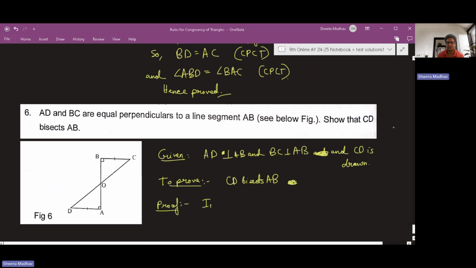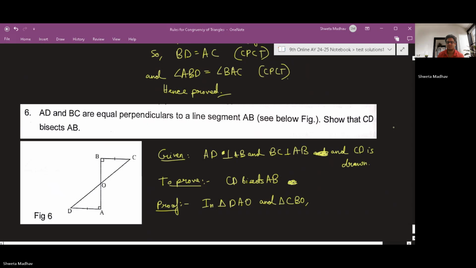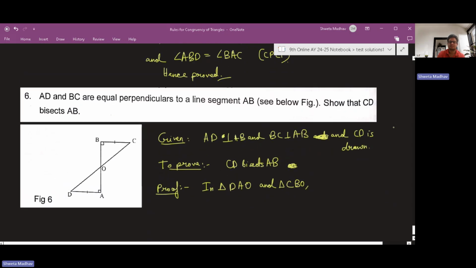We have to take the two triangles, triangle DAO and triangle CBO.